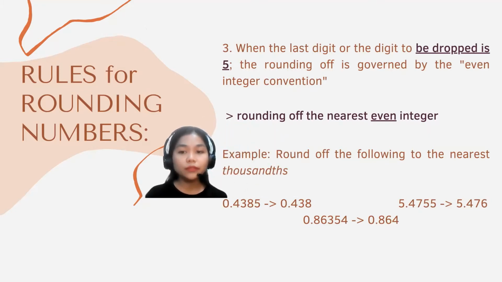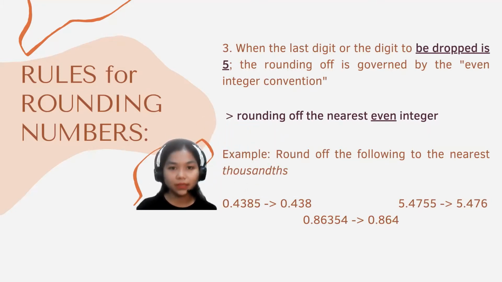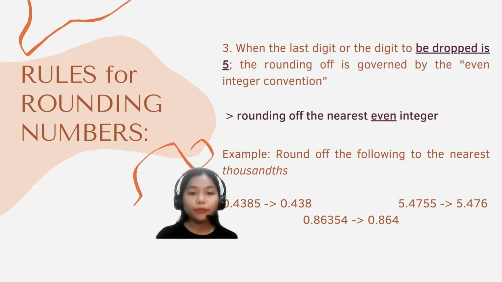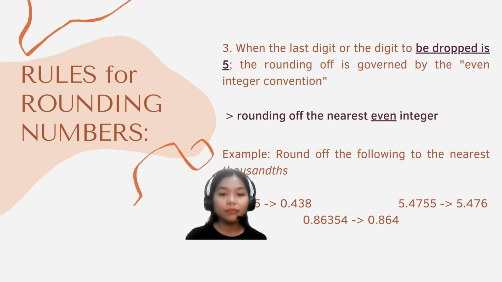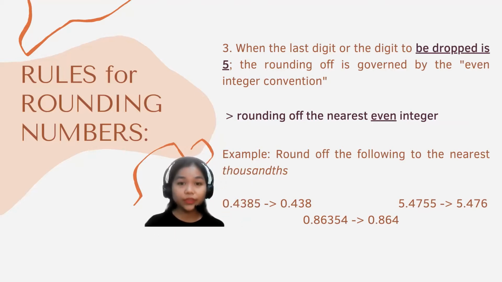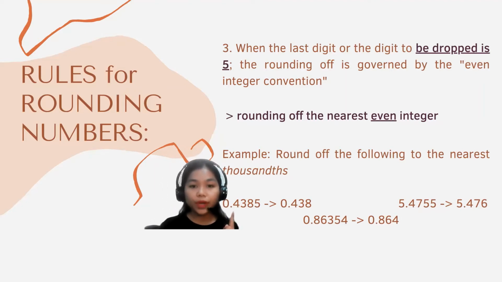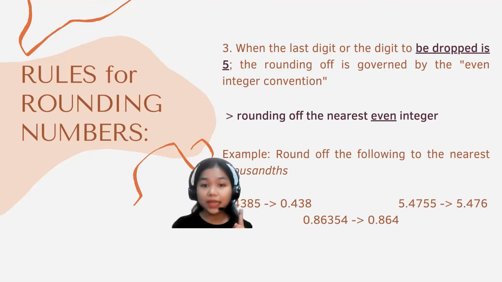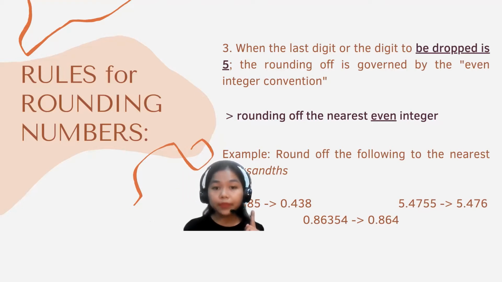Round off the following to the nearest thousandths. So 0.4385. Let's try to identify first the place value. 0 is ones. 0.4 is tenths. 0.03 is hundredths. 0.008 is thousandths.